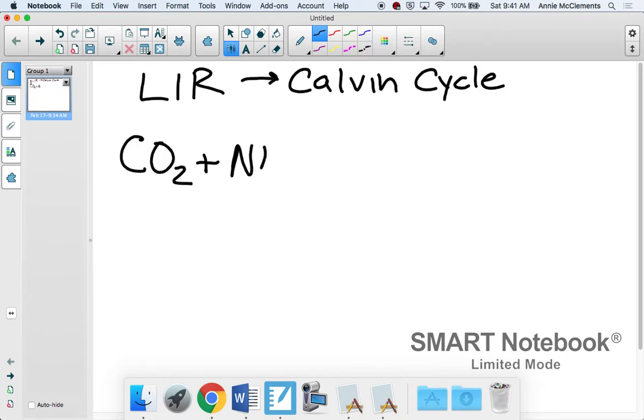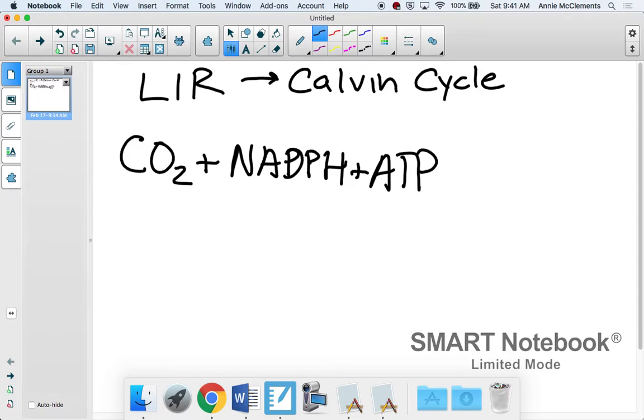You add some electrons from our electron carrier, NADPH, and you add a little energy from ATP. So those are our reactants for the Calvin cycle.